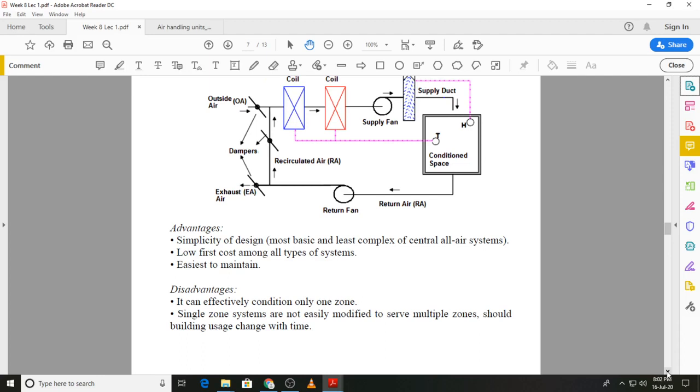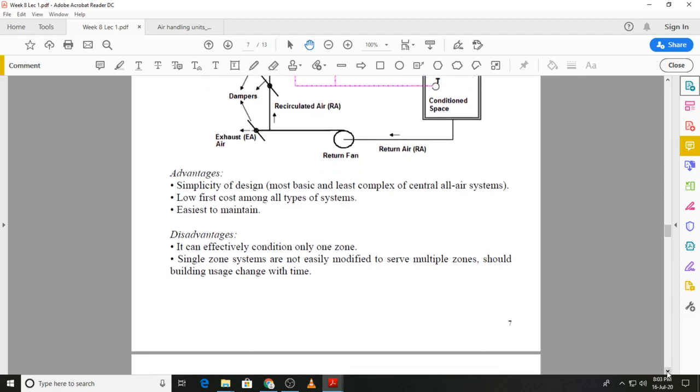It is not suitable for multiple zones, and if there is a change in the requirement of a building from a single zone system to a multiple zone system, this type of system, if we have installed it, would not be easily modified. It will probably be better to shift to a proper multi-zone system, which we are going to look at as we move through this discussion.